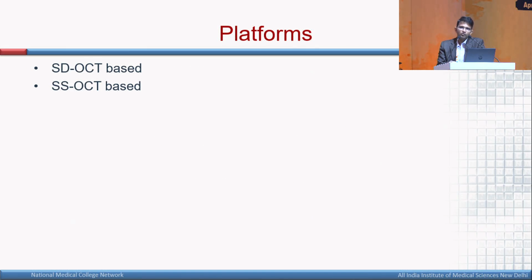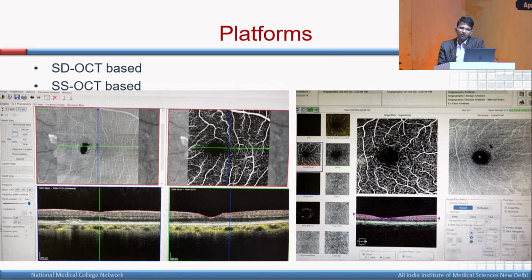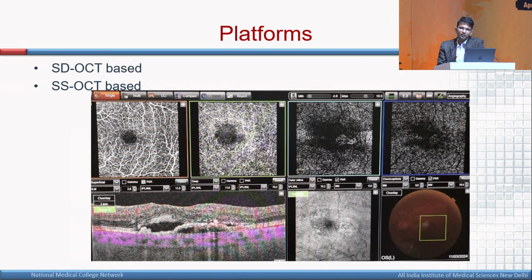Now, as I told, the majority of them are spectral domain OCTs, in which a superluminescent diode with a wavelength of 840 nanometers is used as the source of light, whereas swept source OCT machines have a tunable swept source laser with a wavelength of 1050 nanometers.